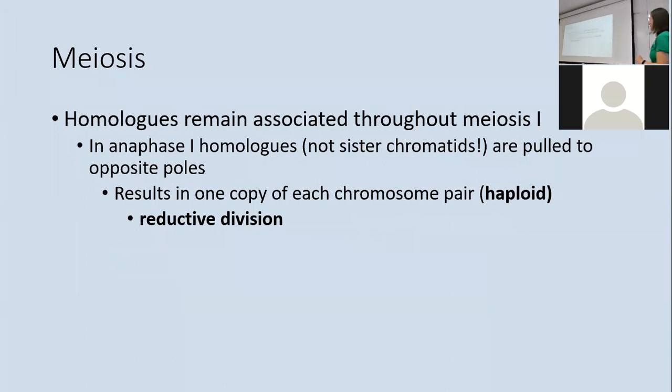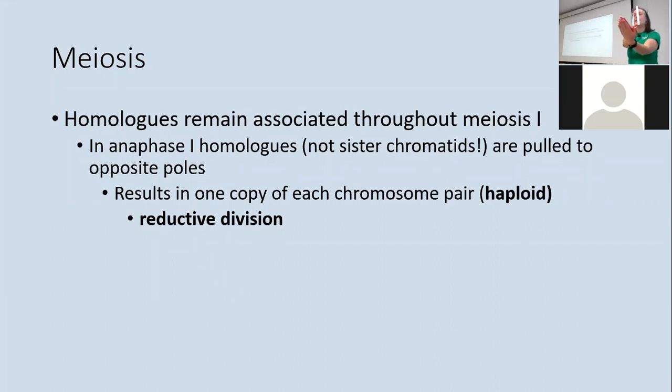All right, so these homologs through most of meiosis I are going to stay associated. The sister chromatids are going to stay associated till we get all the way into meiosis II. We'll come back to them. In anaphase I, the homologs, not the sister chromatids, come apart. We've got the X's, and the X's are stuck together.